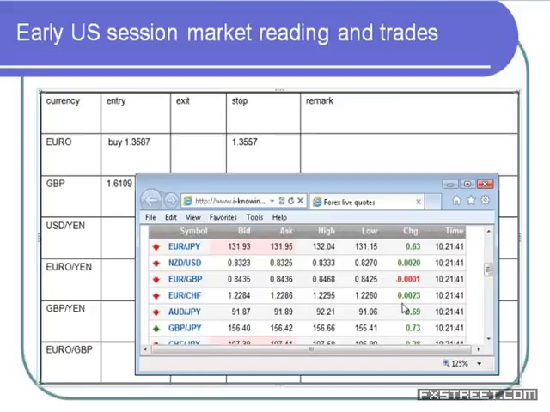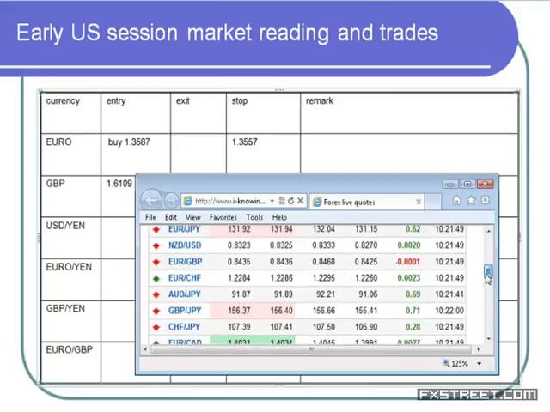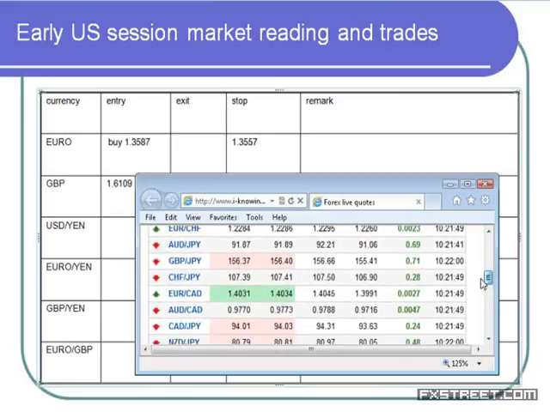So Euro CHF, you see that it is close to the high, but the spread is less. Always in the case of cross, understand that the spread should be more than 70 pips in order to enter into a cross. So it is not wise to take a position there.